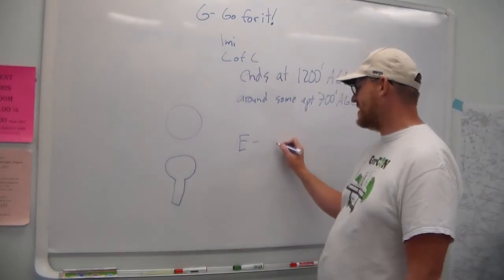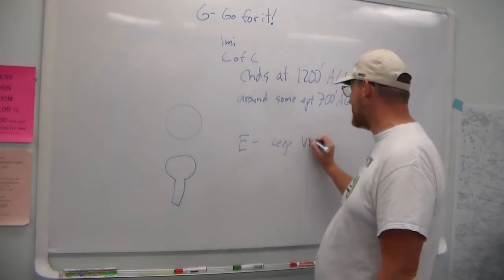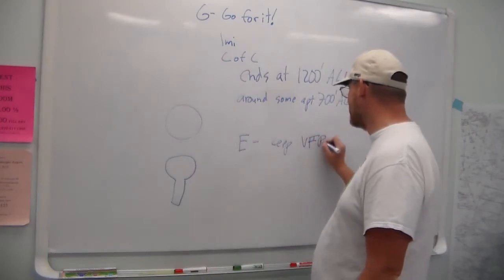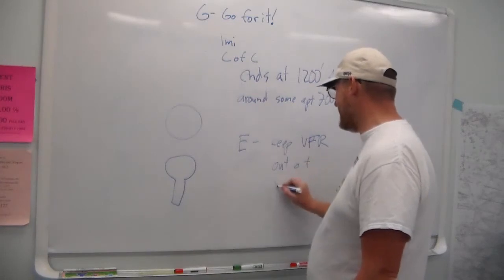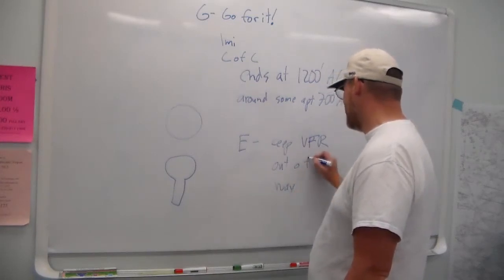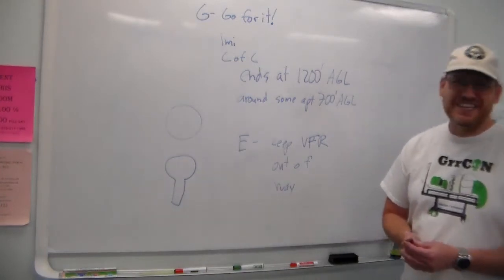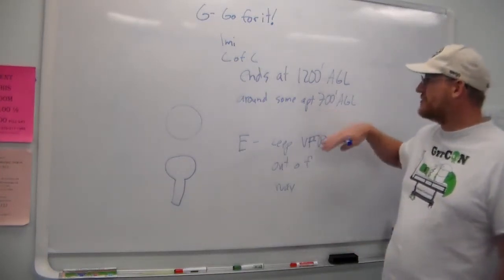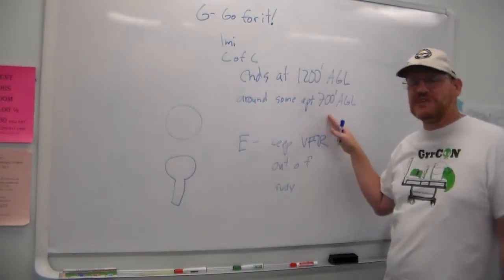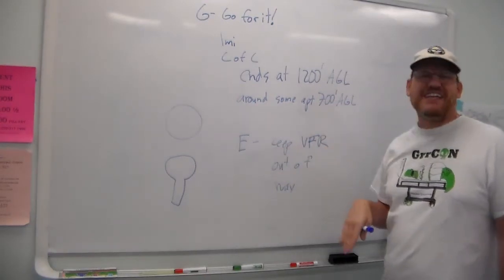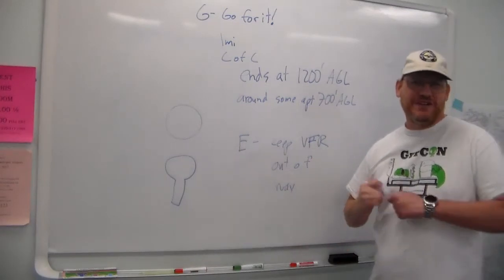This is there to keep you VFR guys and gals out of the way. That's the whole reason we have Class E airspace. So if the Class G ends at 700 feet above Bloomsburg, then it goes to Class E. Class E has a different requirement.